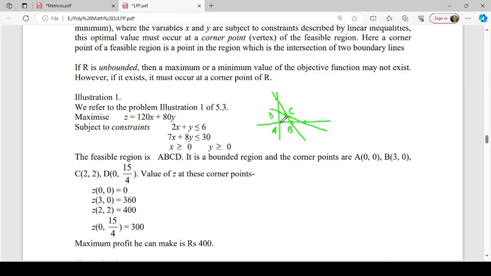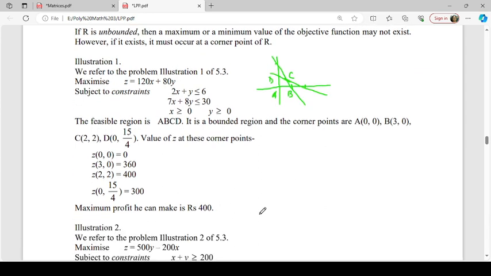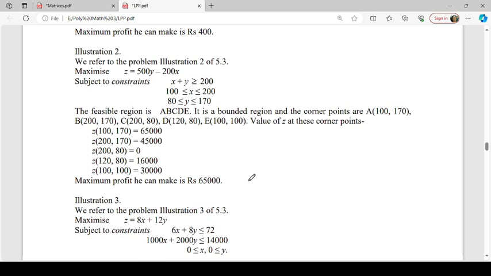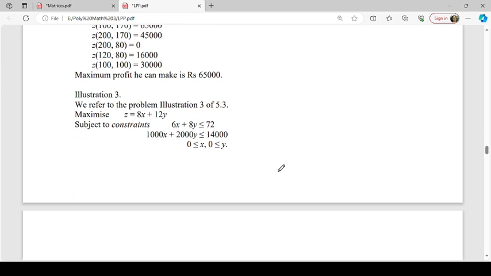So we try the values for these points in Z, the objective function. These are the corner points. So our maximum value is 400. So this is the way to solve linear programming problems.